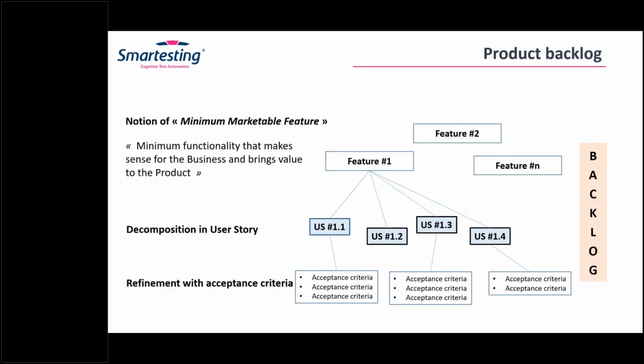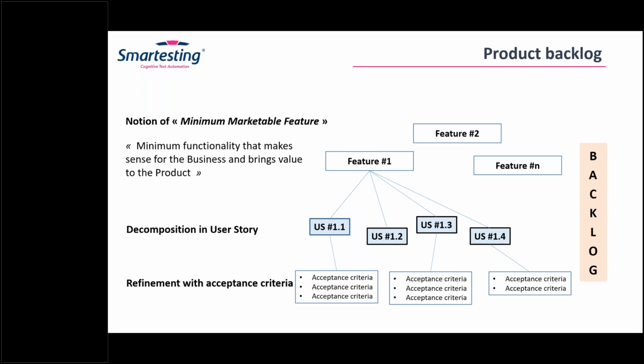And just to make sure that the comparison I was trying to do is reinforced further, what you see here in this slide are the features with their own set of user stories and their associated acceptance criteria. I'm just putting it together in this format so that I drive home my point easily.